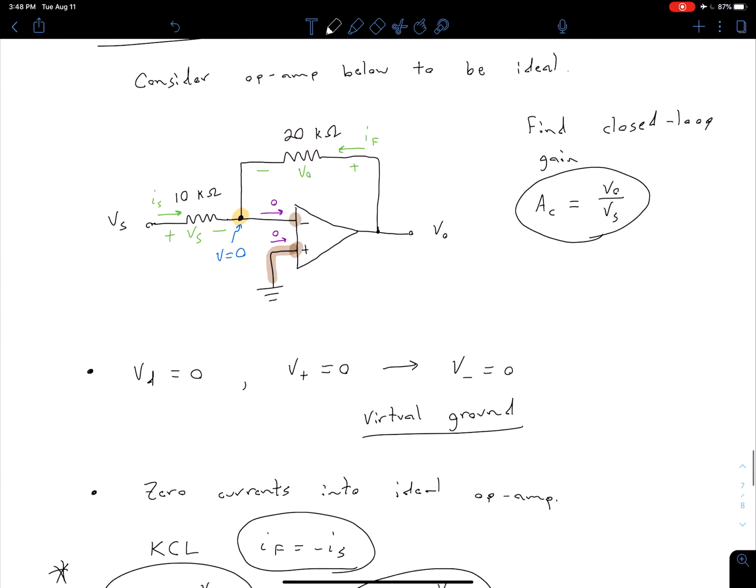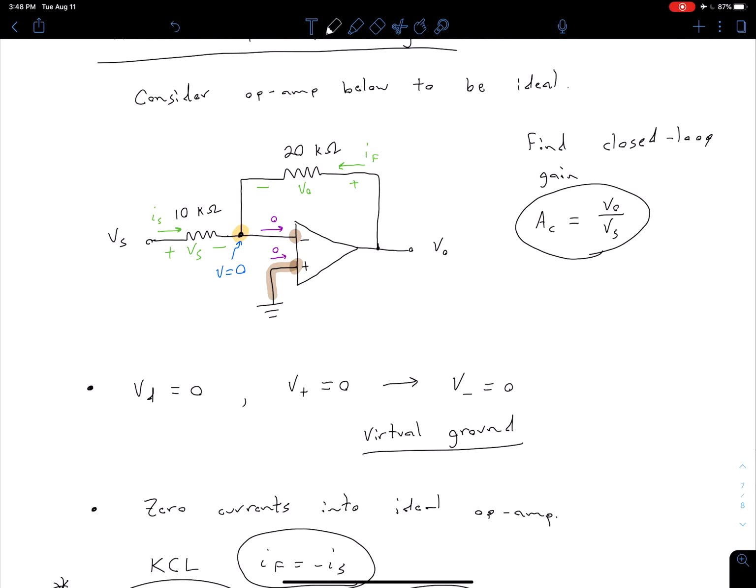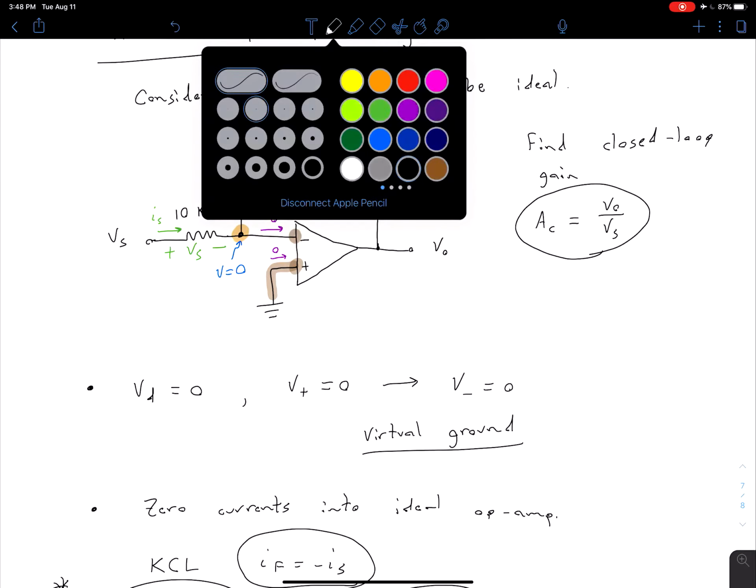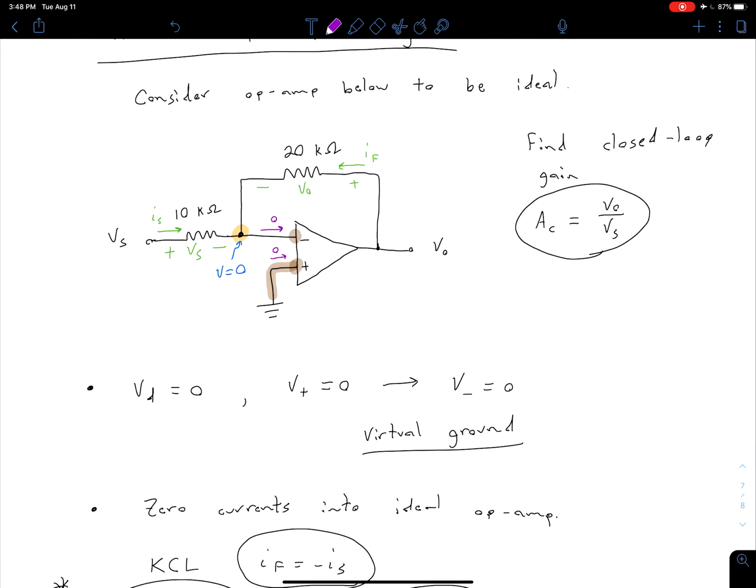One other thing I wanted to talk about relates to why I labeled this as IF. So let me switch to a different color here. Why did I label this as IF? Well, when we introduce this 20K ohm resistor, we actually are introducing a feedback path. And in this case, it's going to be negative feedback because it connects to our inverting terminal.